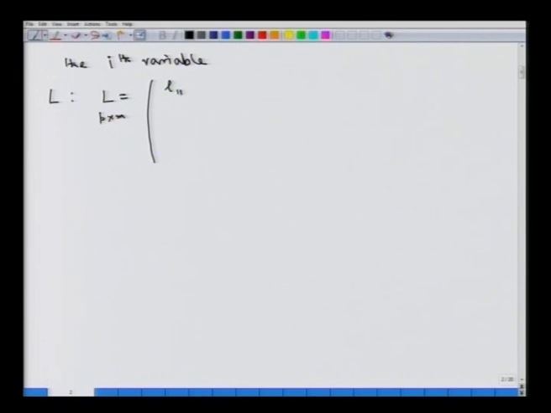So this is L11, L12, up to L1m, and this is LP1 up to LPm. So this L is the matrix of factor loadings.